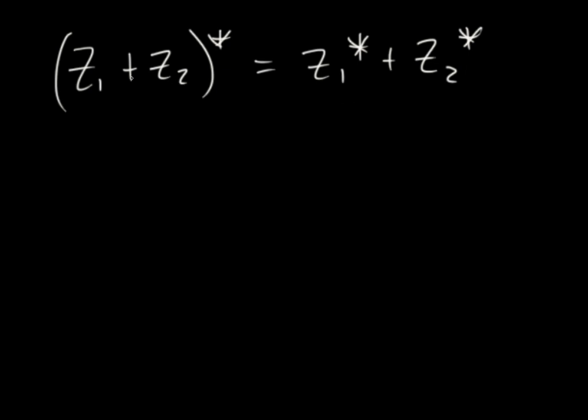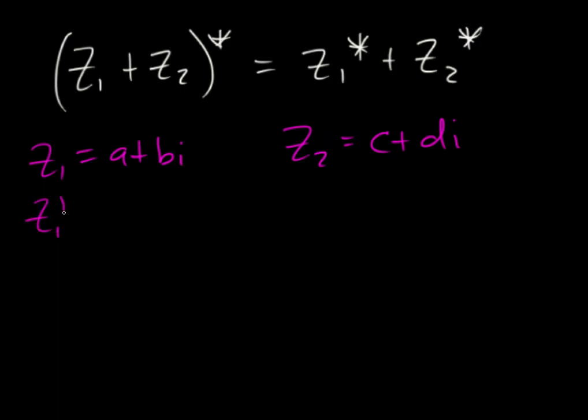We're going to say that z1 is a plus bi, and let z2 be c plus di. Which would mean that the conjugate of this one would be a minus bi, and the conjugate of this one would be c minus di.